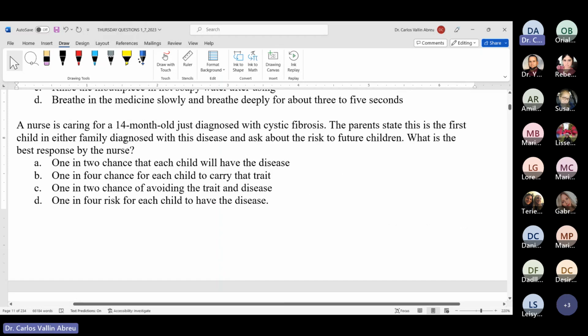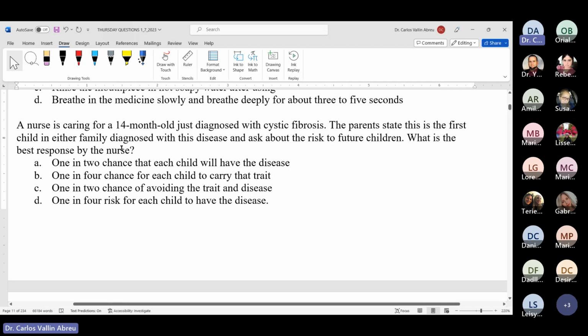A nurse is caring for a 14-month-old diagnosed with cystic fibrosis. The parents state this is the first child in either family diagnosed with this disease and ask about the risk to future children.